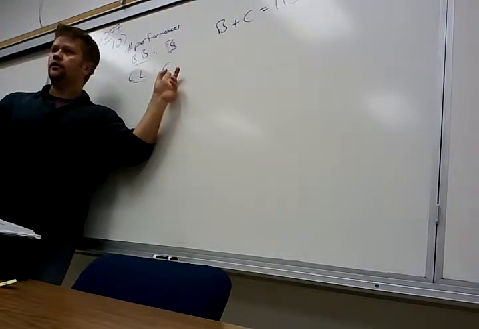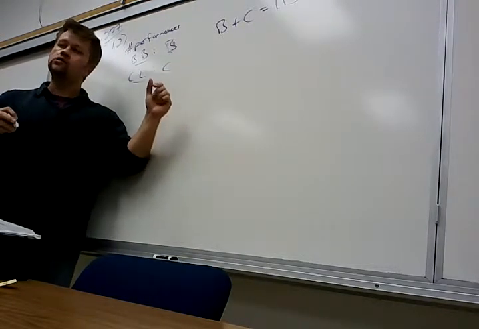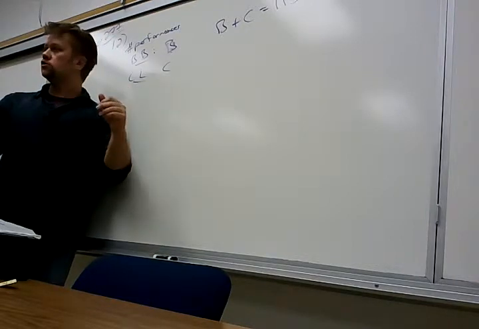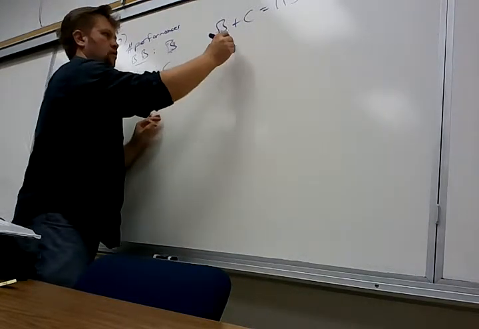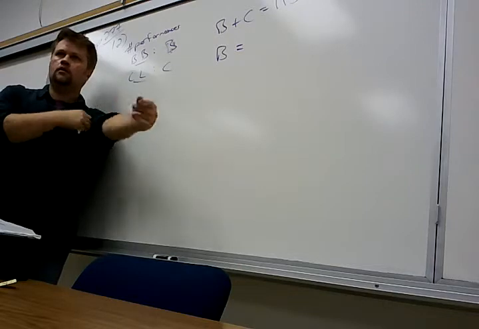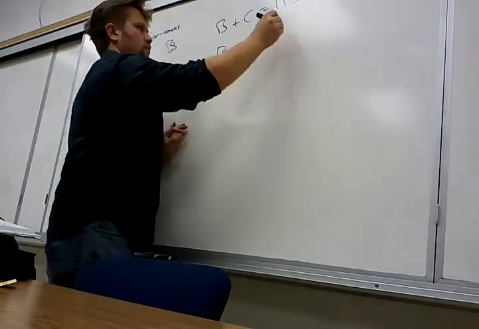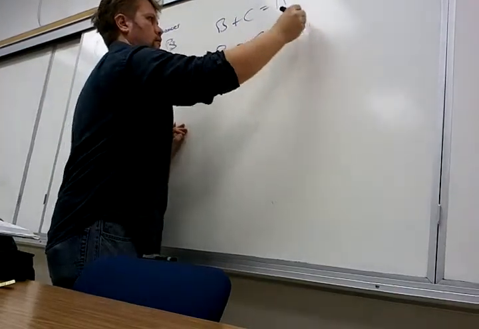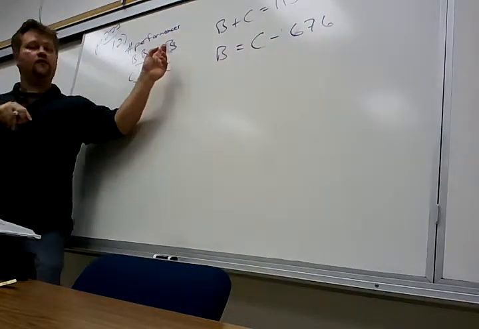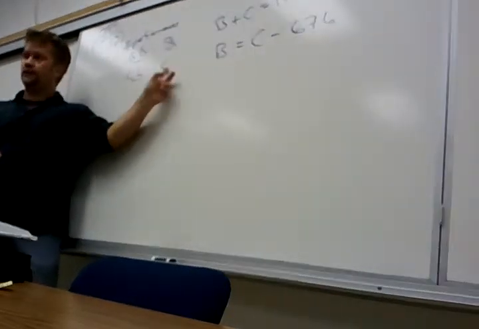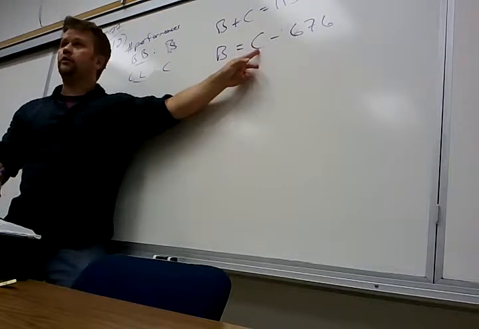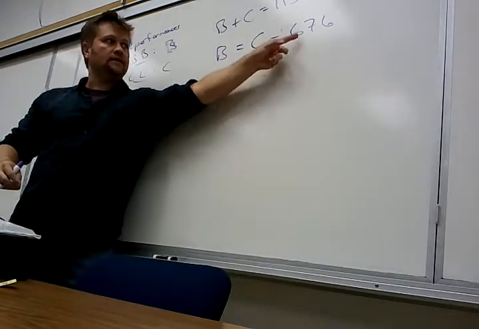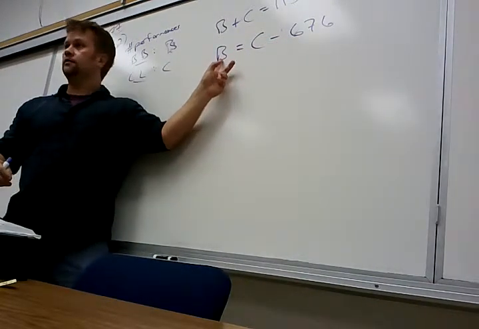So B equals C minus 676. Right, because there were 676 fewer of this than there were of this. So there were more of this one, right? So if you do this minus 676, that's how many there were of Beauty and the Beast.